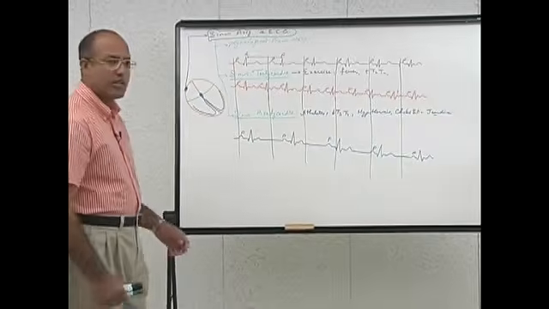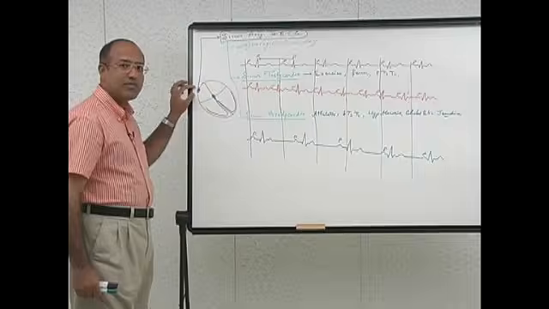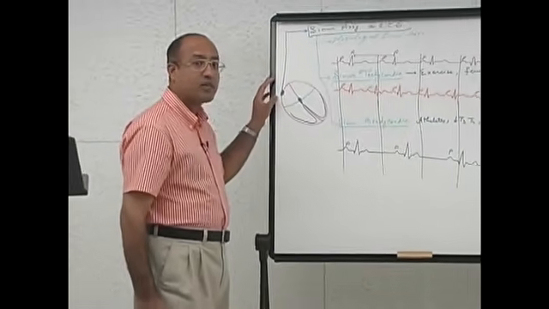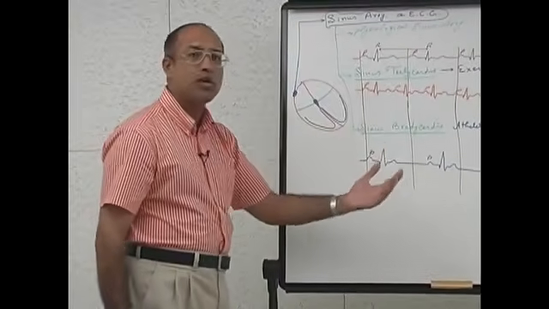In that condition, the SA node is injured and it behaves in an irregular fashion. Suddenly sinus activity becomes increased and then slower than normal.